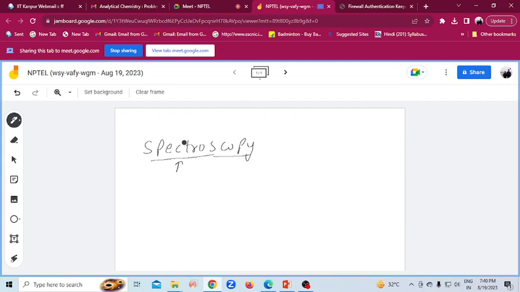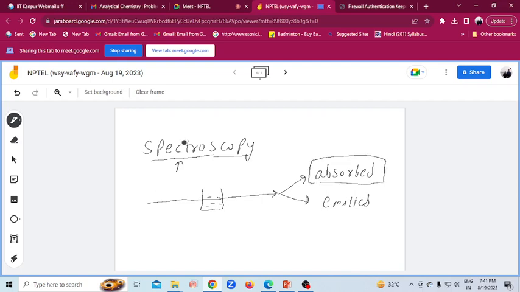Suppose you have a sample in this beaker, and light is passing through this sample. Two phenomena can occur. Light can be absorbed or emitted. Absorption you can understand.